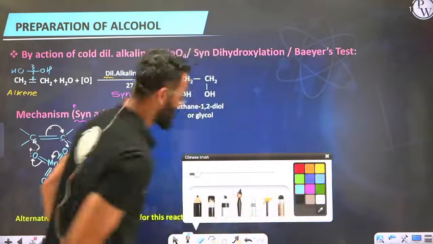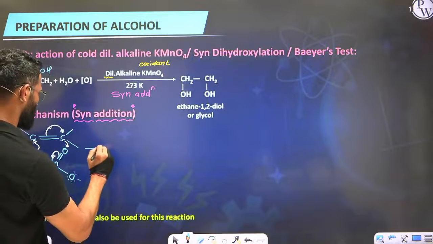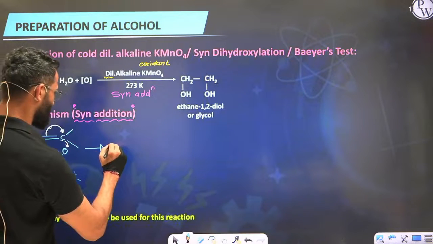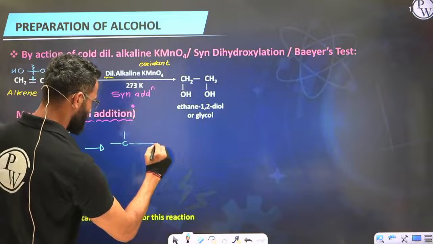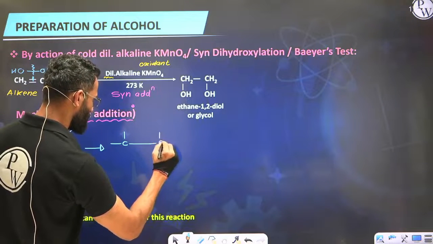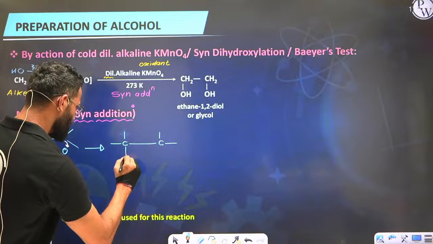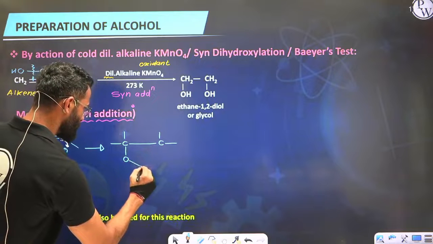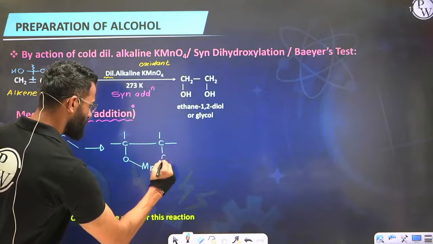Well, once this syn addition takes place, we'll be getting a manganese ester, which can be represented like this. And now bonded to oxygen, further connected to manganese, bonded to oxygen.